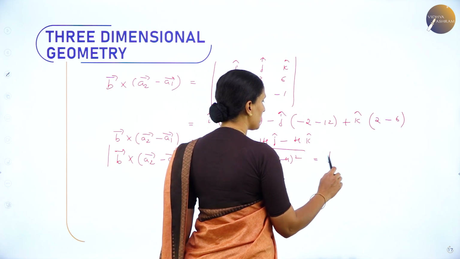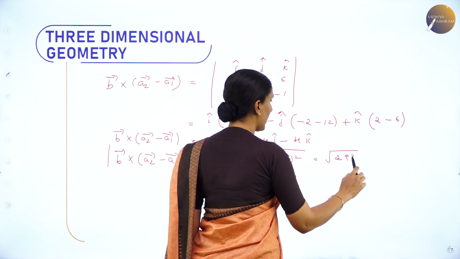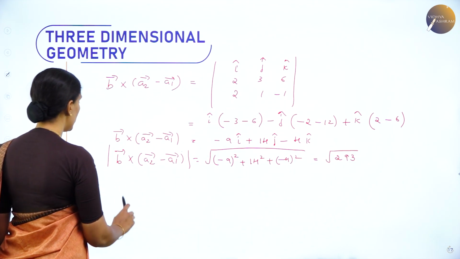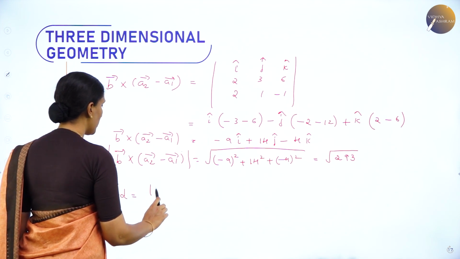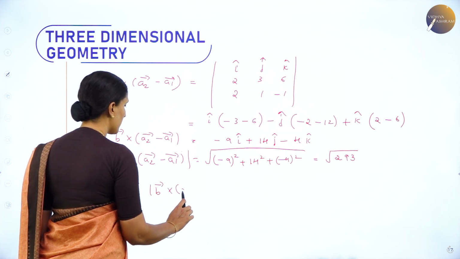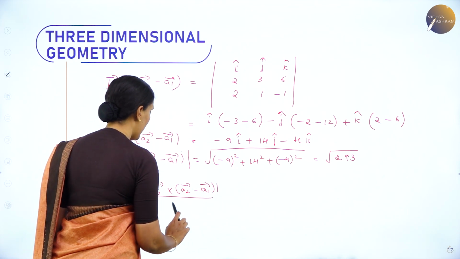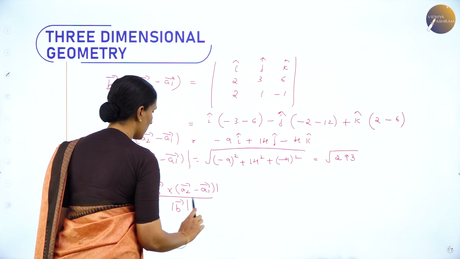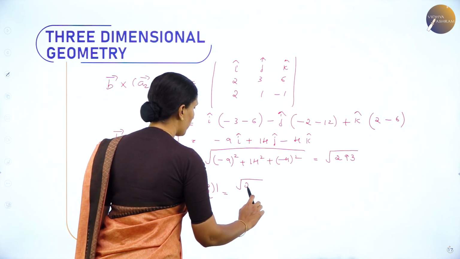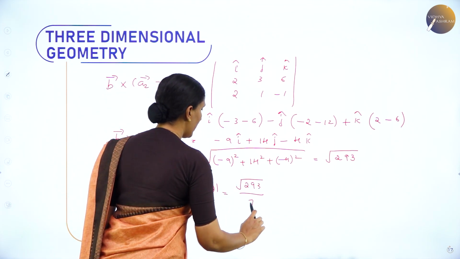So this is equal to square root of 293. Now the distance is given by magnitude of B cross A2 minus A1 whole divided by magnitude of B. So this is square root of 293 divided by 7.